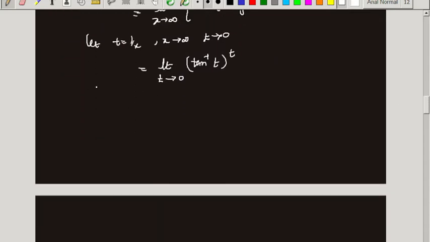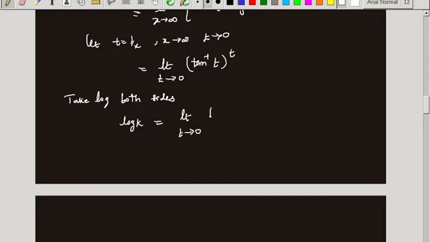What we do? We take log both sides. We must eliminate the power. So first we must write it in the form f of x by g of x. So we take log both sides. So on the left hand side we get log k equal to limit t tends to 0.